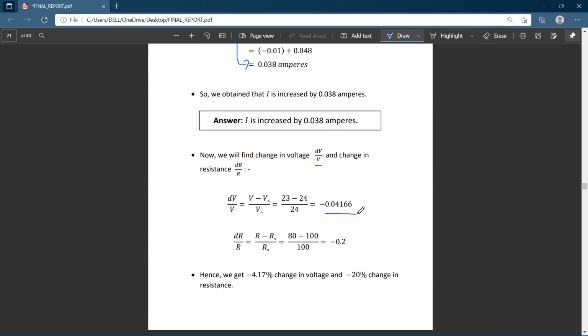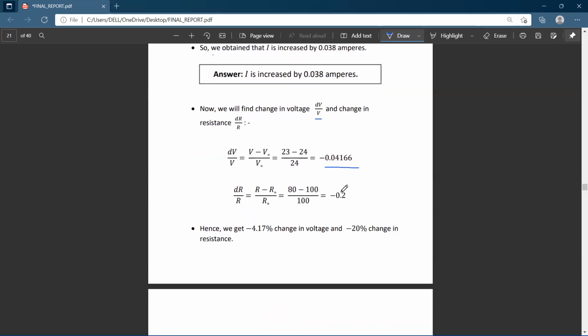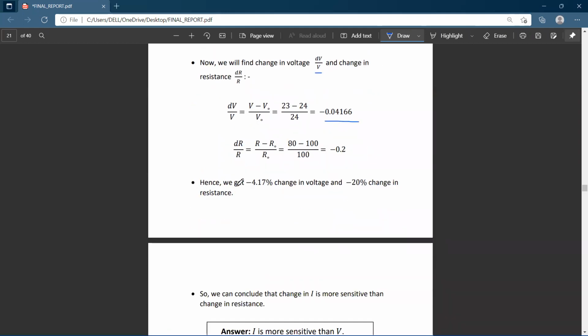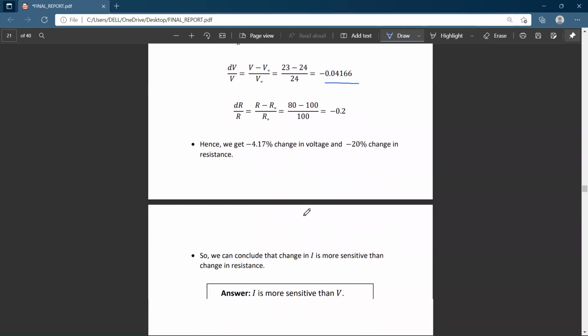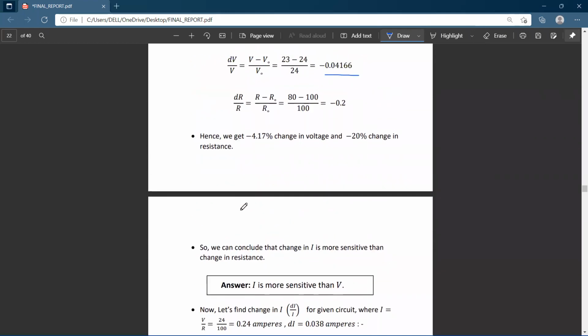So the change in voltage is -0.04166, and similarly the change in resistance is -0.2. Writing that in percentage, the change in voltage will be -4.17% and the change in resistance will be -20%.